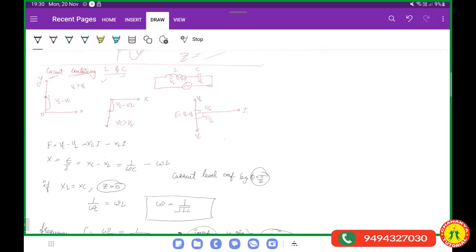There we saw two possibilities, either VL leading or VC leading. When I say leading, I'm comparing VL and VC only, not comparing with current. So if VL is greater, it will be this way, first case. If VC is greater, then it will be the second case.